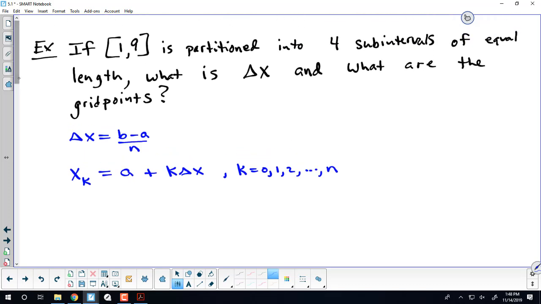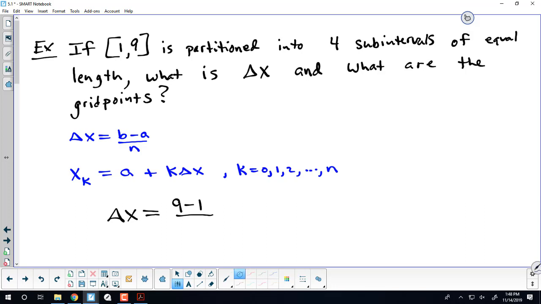Okay, so we're on the interval from 1 to 9, so that's our a, that's our b. 1 is a. 9 is b. So delta x is 9 minus 1 divided by n. What's our n? 4. Yeah, 4 subintervals, 4 rectangles, n equals 4.